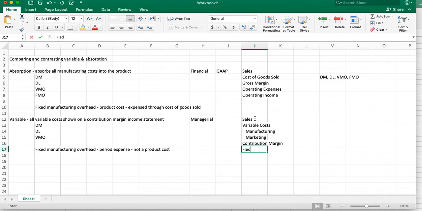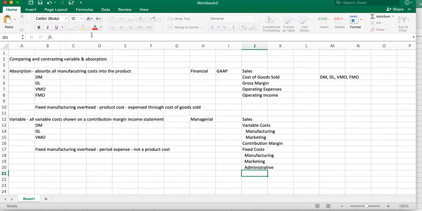Then we subtract our fixed cost, and those can be manufacturing, marketing, and administrative. And then we have operating income.